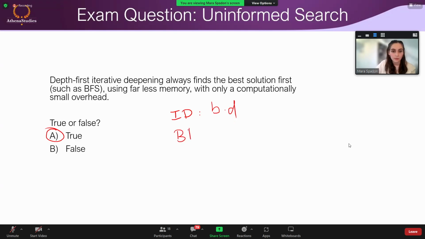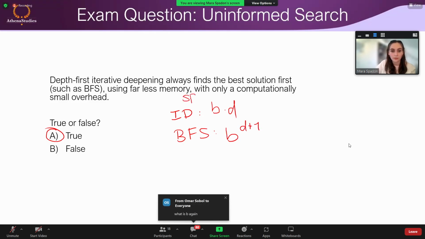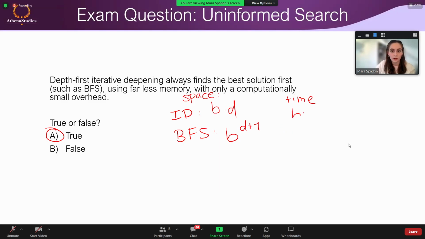And breadth first search is B to the power of D plus 1, right? So this is space. So B is the branching factor. And then for time, iterative deepening has B to the power of D, and breadth first search has B to the power of D plus 1. So as you can see, there's only a small computational overhead.